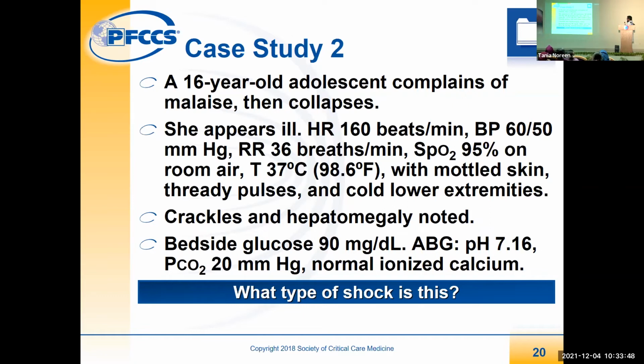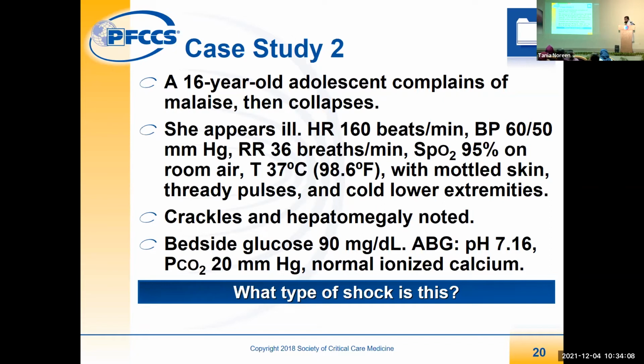Crackles and hepatomegaly are noted on examination. Blood glucose is normal. The pH is 7.16 with PCO2 20. Ionized calcium is normal. So what type of shock is this child having?